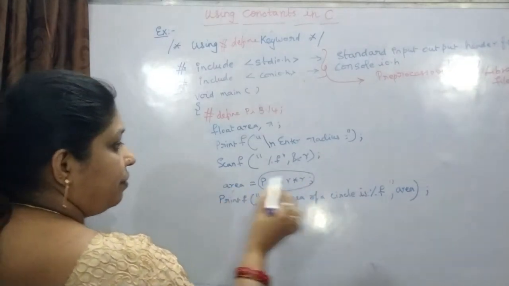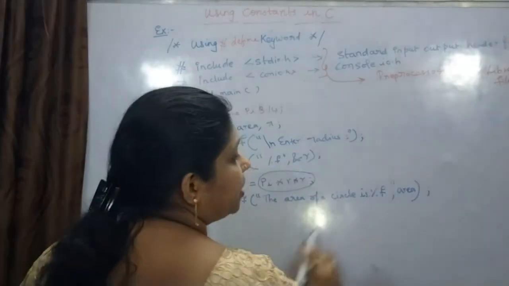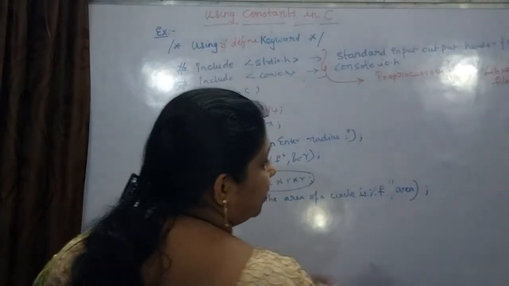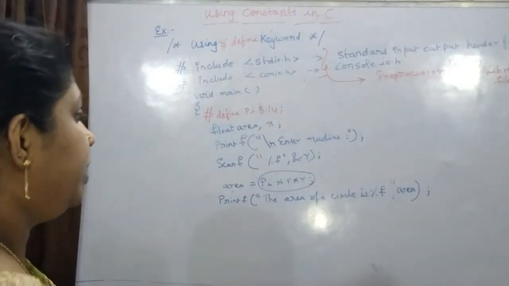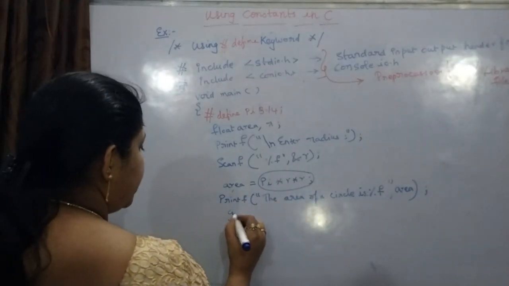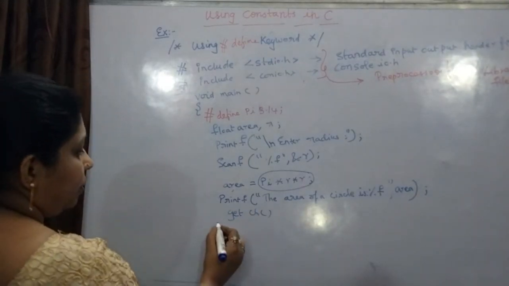If you want to print it here, this is a syntax, you have to give %f. Then after a comma, you have to give that variable name where that output is stored. Okay, now it will print the output. Now after this, write getchar, close the.